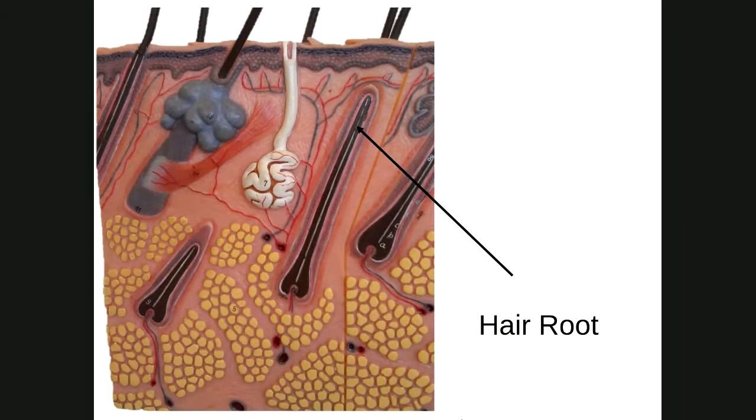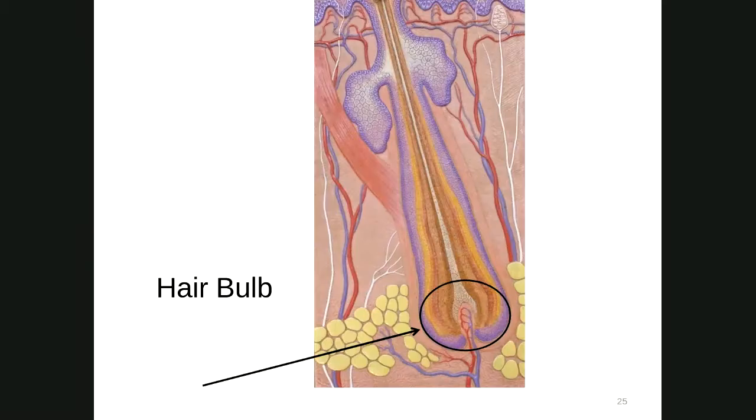Now at the bottom of the hair follicle, way down here, much like a tulip, if you've ever planted tulips, there's a bulb at the bottom of the tulip. This is the hair bulb. That elongated area that kind of bulges out is the hair bulb right there.